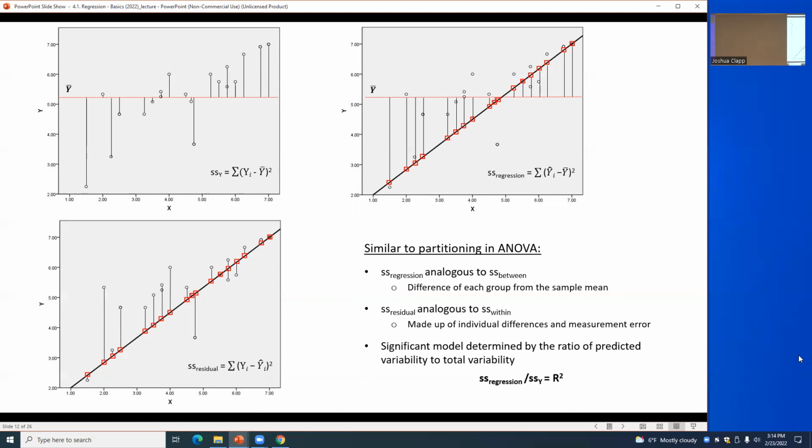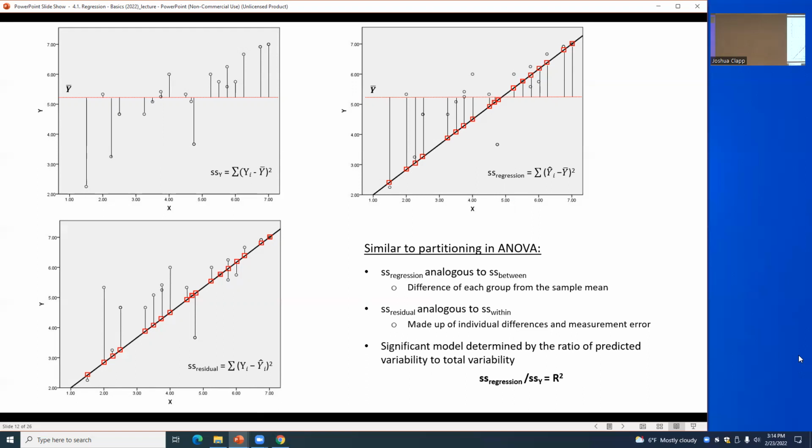So again, similar to what we've been talking about for the past semester and a half, we're partitioning this out. Sum of squares total is all the variability in my outcome. Sum of squares regression is similar to my sum of squares between: to what extent am I separating from the mean for individual values of X? Sum of squares residual is like my sum of squares within.